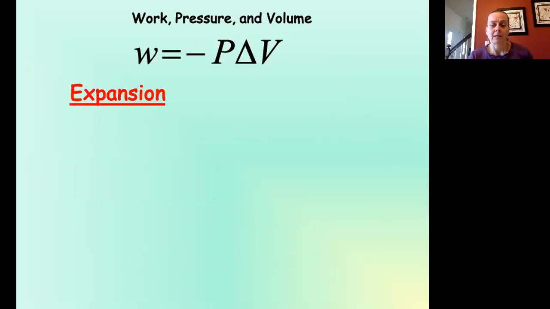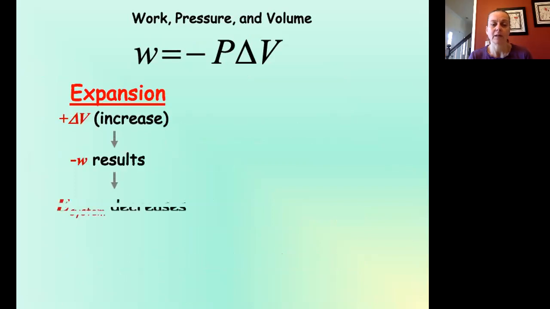That means that if our chemical change is causing an expansion of our system, we're going to have a positive change in volume, and that's going to result in a negative W, which means the E of the system is going to decrease. Remember that negative work means that the system is doing work on the surroundings, and that makes sense when it's expanding.